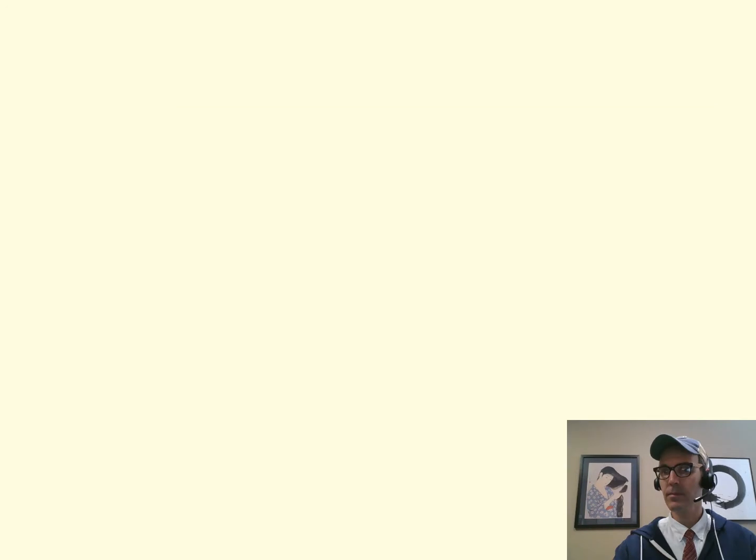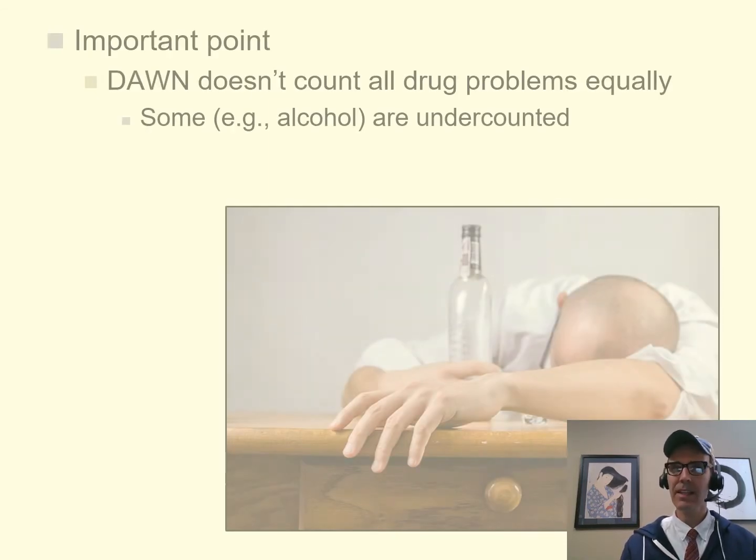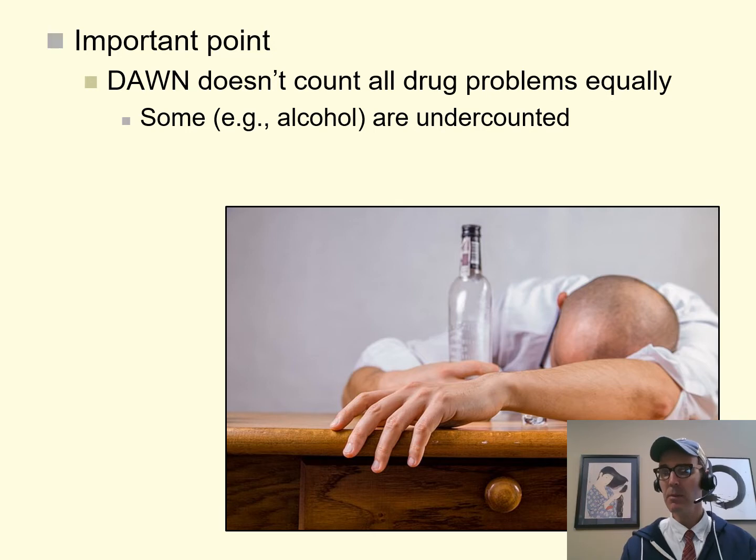Now, if you've watched my main video, that's to say lecture 3A, you know that there are some issues with the DAWN data. One is that it doesn't really count alcohol problems as well as we might like it to. Specifically, it undercounts them. If people show up at hospitals or clinics because of overdoses or injuries or even deaths associated with just alcohol, they're typically not counted in this data set.